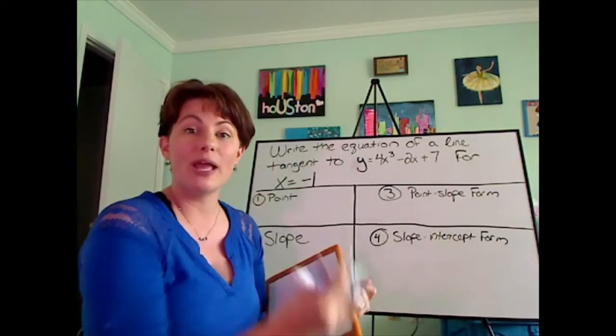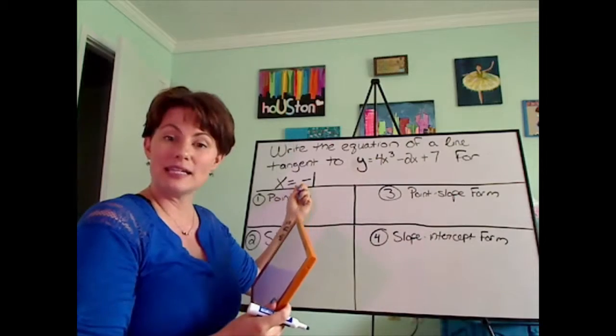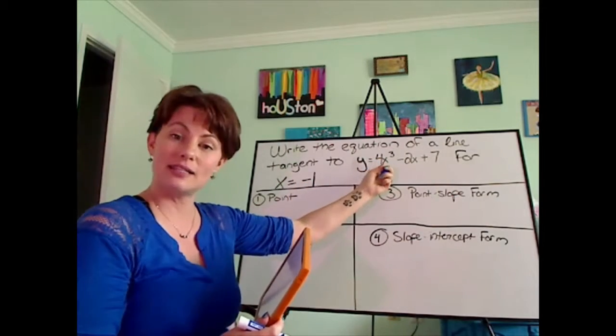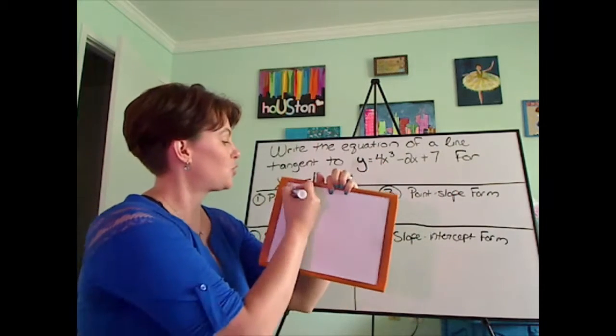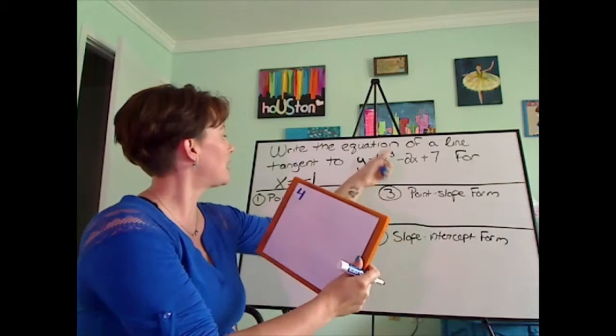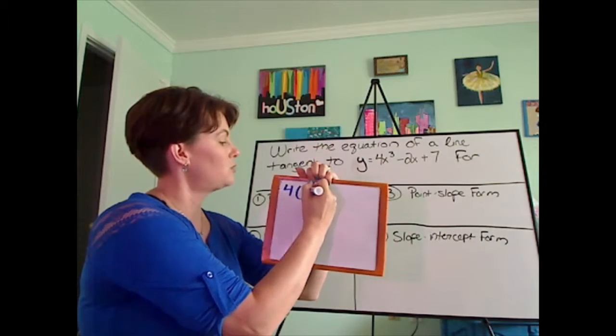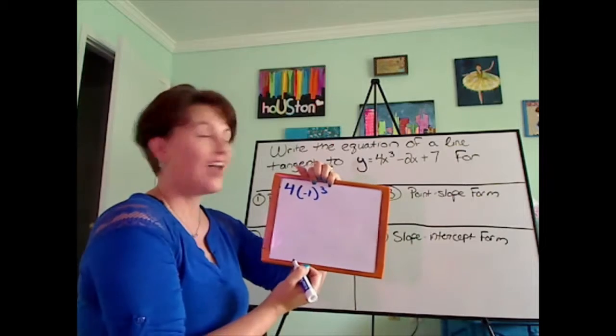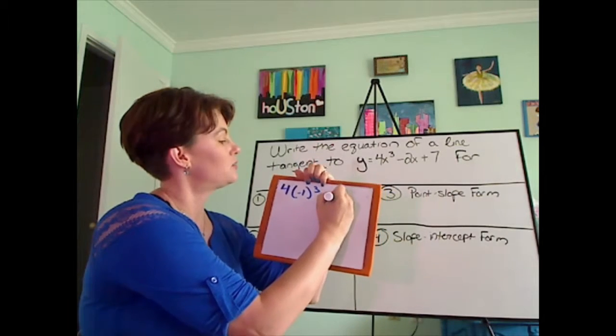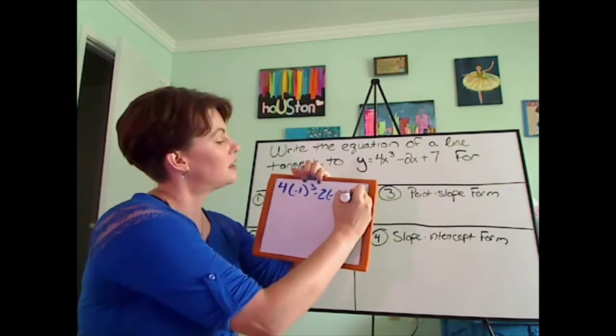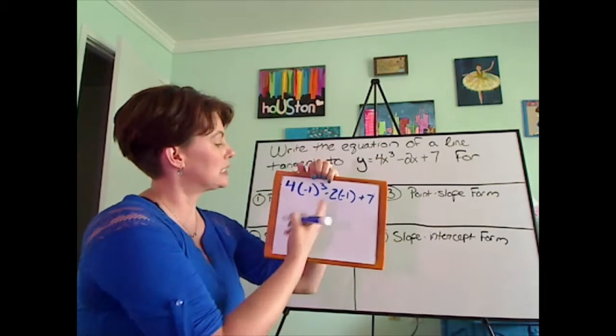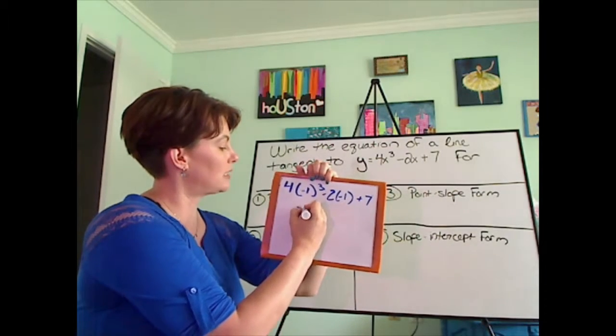We can find a point just by plugging in this x value to this function. So instead of x cubed, we'll do -1 cubed, and then minus 2 times -1 plus 7. So let's think this out. -1 cubed is going to make -1.